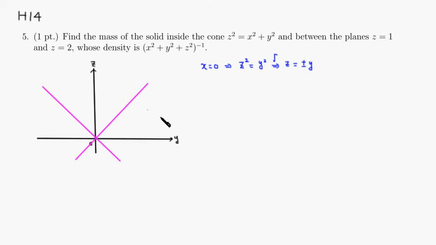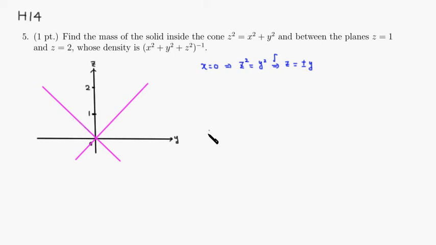You will see that z equals 1 is probably somewhere around here, so let's put 1 here, and z equals 2 right here.